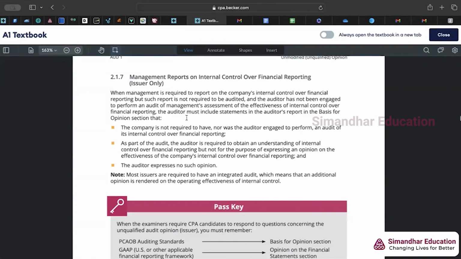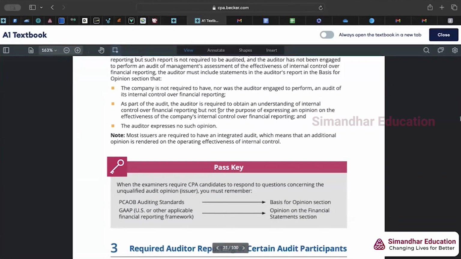If there is any modification, then the key audit matter or critical audit matter will not come. It will go into the modification. In case of a non-issuer, if there is a GAAS issue, then you will refer to basis of opinion and auditor's responsibility.